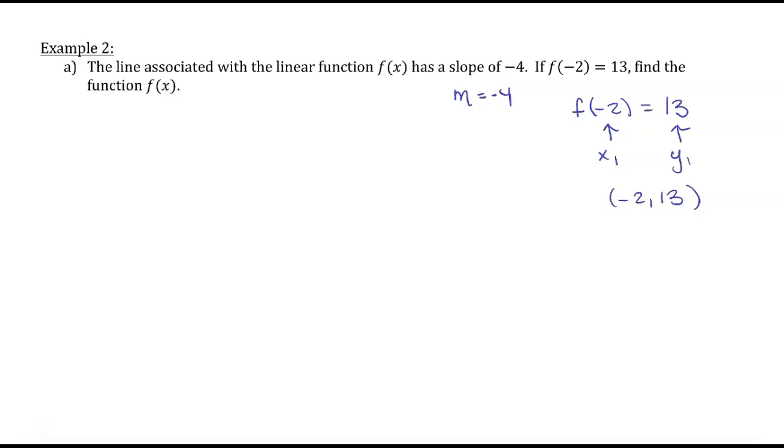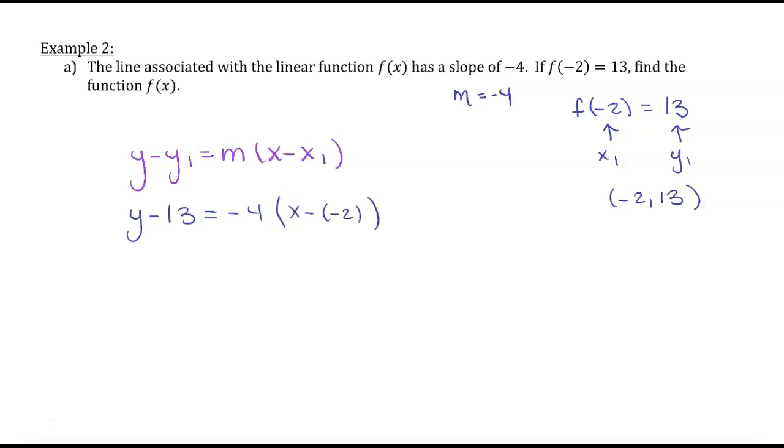Let's substitute these values into the point-slope form of the equation of a line. Now, instead of y minus y1, we want y minus 13. Instead of m, we will write -4. And instead of x minus x1, we want x minus -2. Parentheses here are very important. Let's use good order of operations to simplify. X minus -2 is inside our parentheses. We'll simplify that.